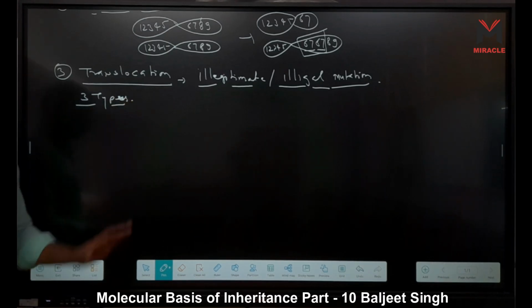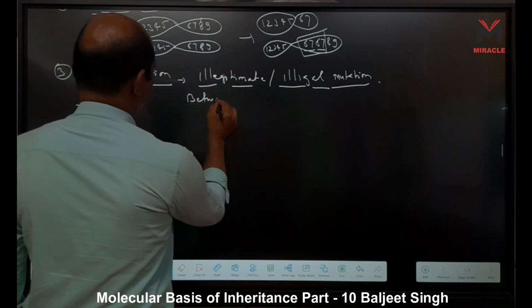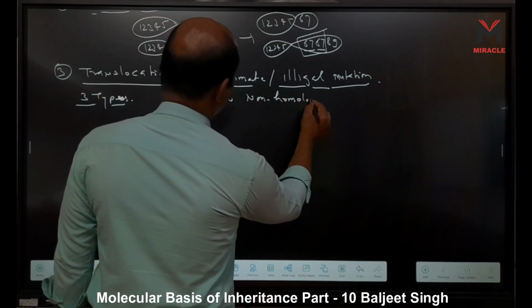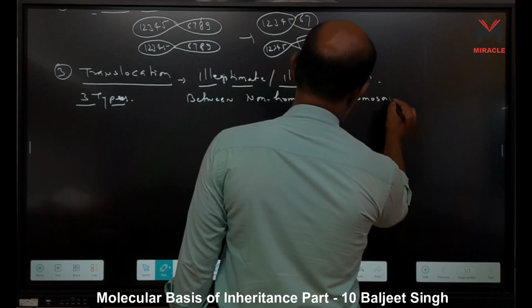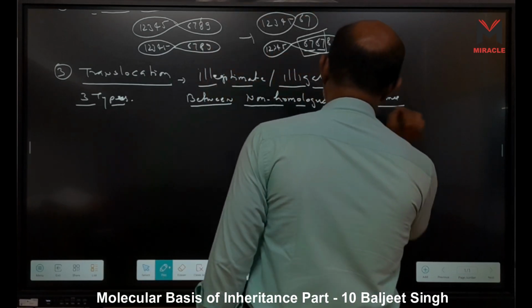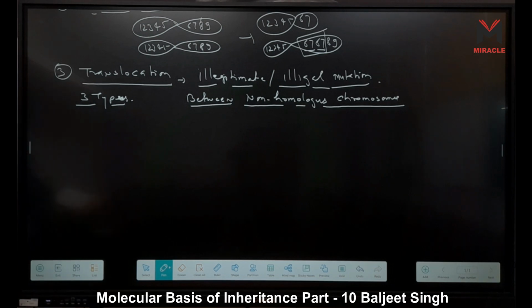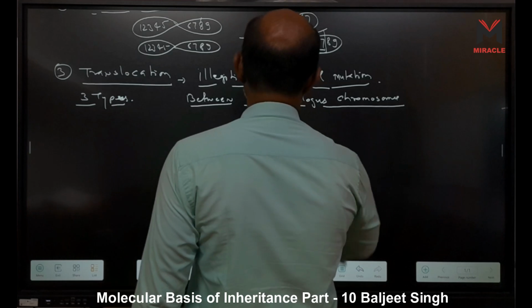Translocation, one more thing: it occurs between non-homologous chromosomes. That's why it is called illegitimate or illegal, right? This one illegal, right?